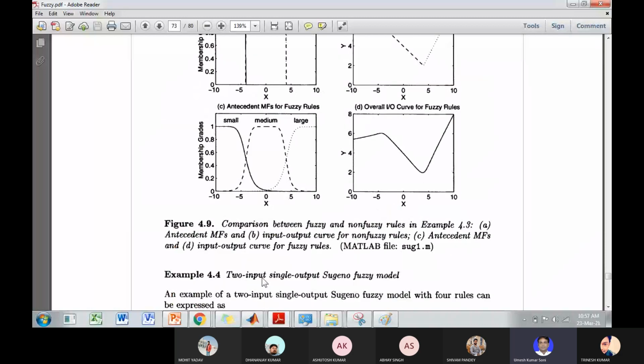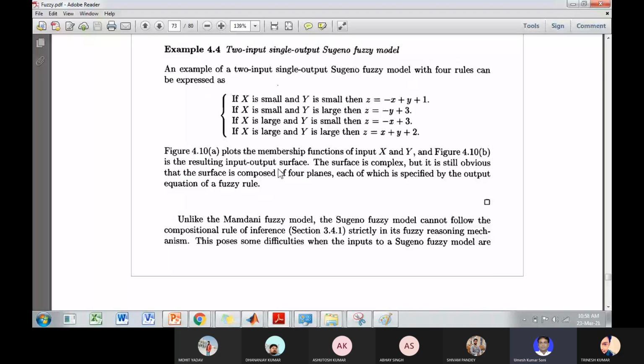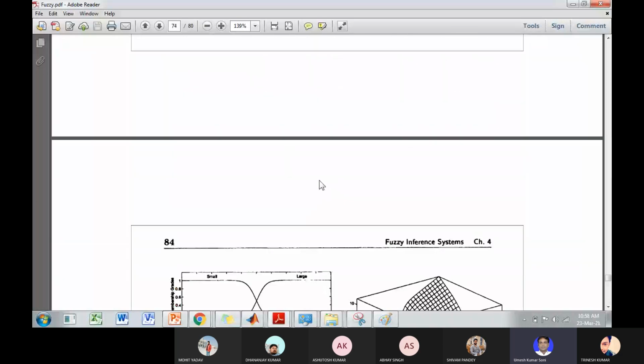Here you can see that x is small and y is small, then z equal to minus x plus y plus j 1. एक रूल हो गया. अब x is small और y is large, then in that case minus y plus 3. Okay, so every output is defined in terms of inputs x and y. Okay, this is mathematically defined.